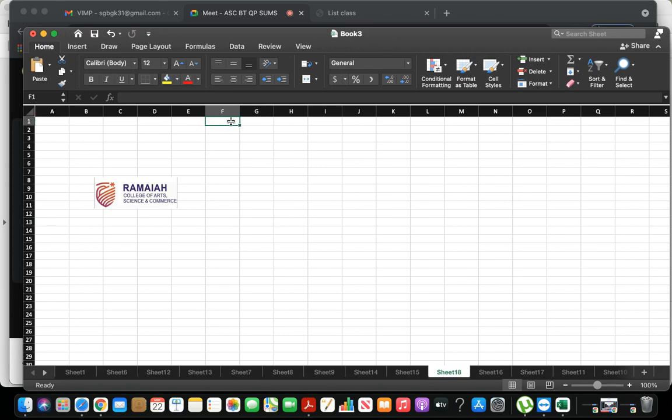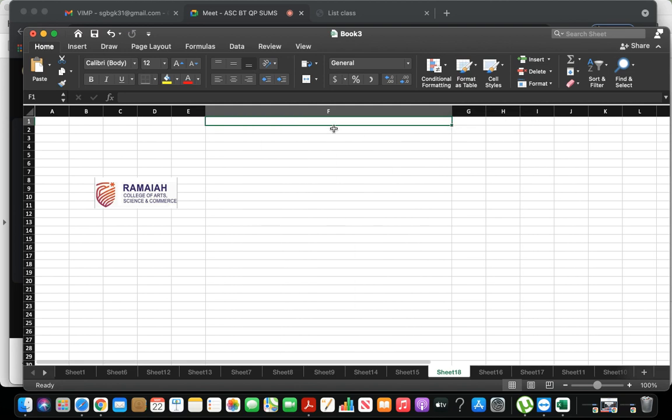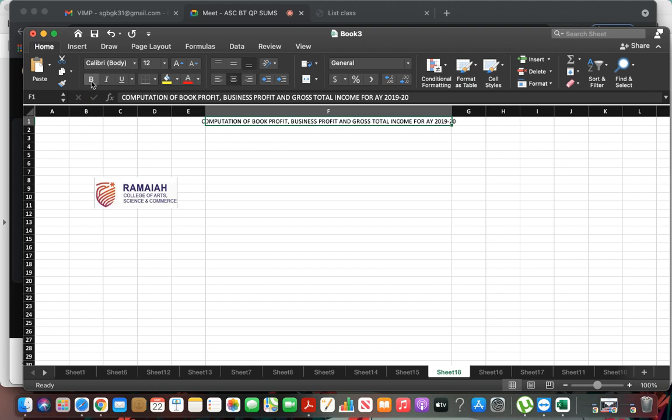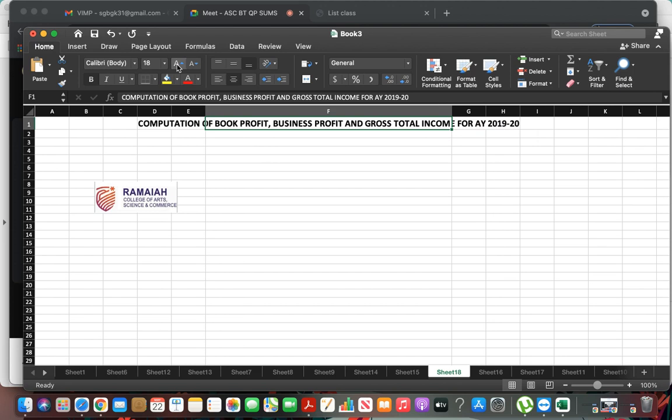All of you, write down. Computation of book profit, business profit, and gross total income for assessment year 2019-20. Okay, make down the columns.